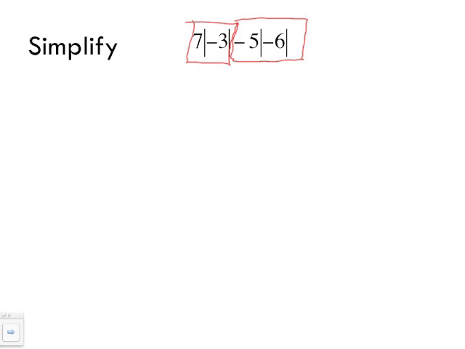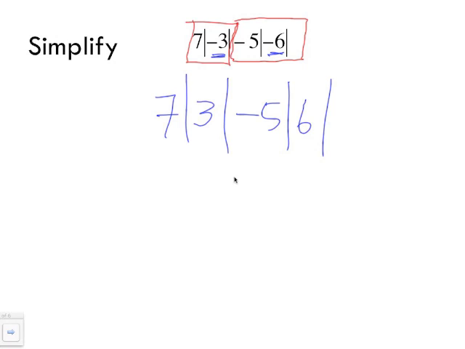So let's rewrite this. So we've got 7, and the absolute value of negative 3 is going to become positive 3. Subtracted by 5. This negative 5 is not inside absolute values. The absolute values are really surrounding the 6 and surrounding the negative 3. So the absolute value of negative 6 is going to become positive 6. So now, as we said, we can remove absolute values once we've made the conversion from our negative to a positive value.